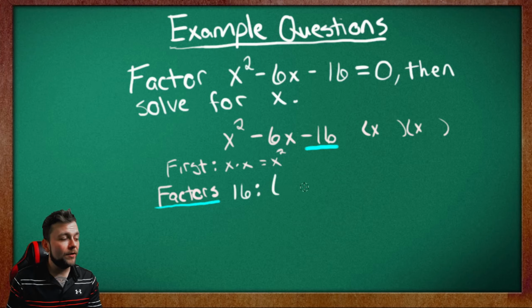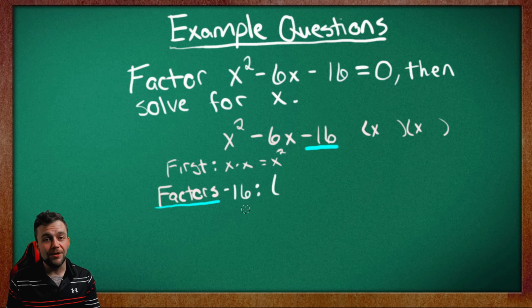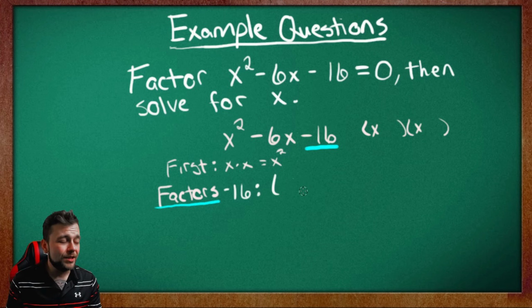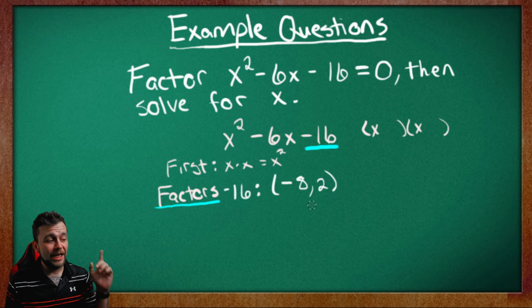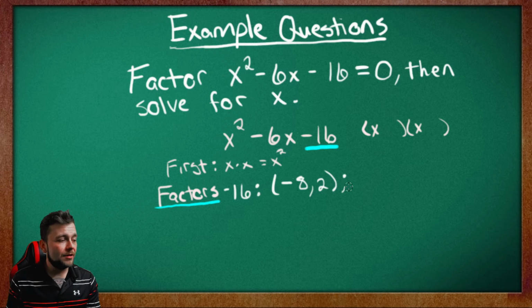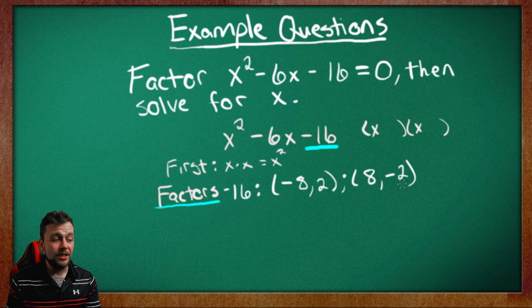Okay, well, we have 8 and negative 2. Don't forget your signs. It's so hard. Sometimes I even forget it, and then you end up getting the wrong answer. So a negative 8 and 2, when you multiply negative 8 and 2, you get negative 16. When you multiply a positive 8 and a negative 2, you get negative 16.